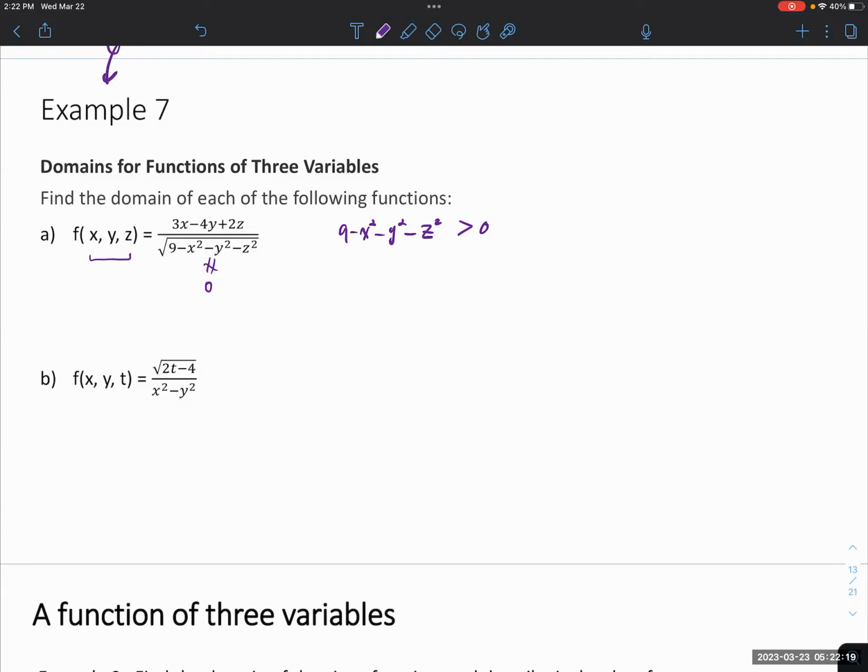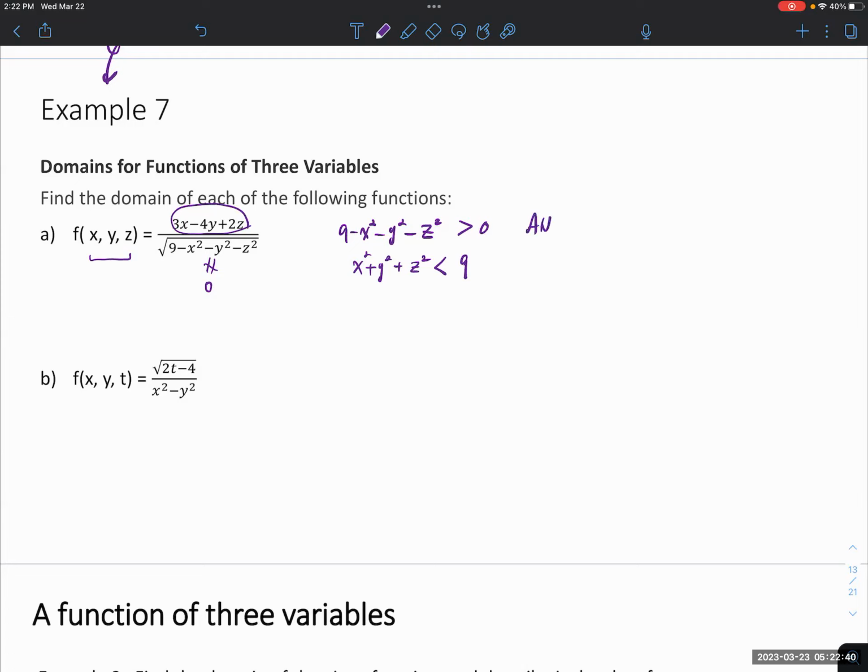What else? We can solve it first. So x squared plus y squared plus z squared, change the inequality, and 9 there. So that's one condition. And then from the numerator, x, y, z can be any real number.